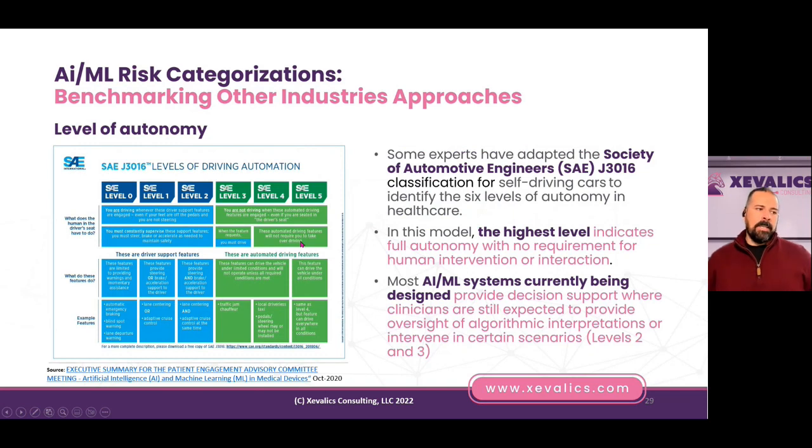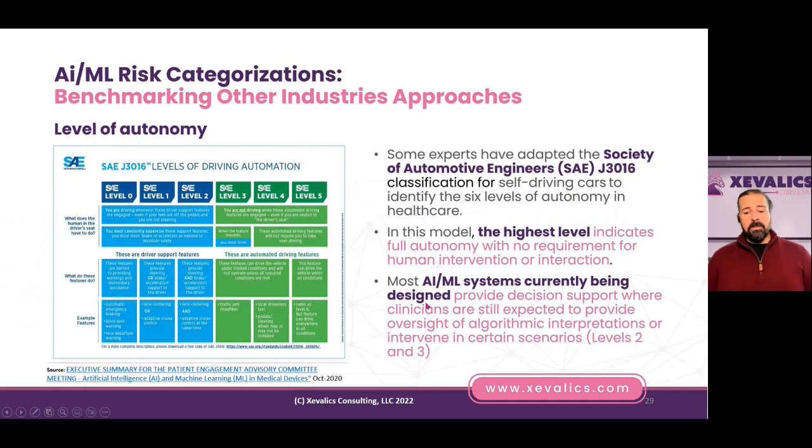Another approach that we have been seeing recently is benchmarking other industry approaches for AI machine learning risk categorization. This approach is based on level of autonomy. Experts have adapted the Society of Automotive Engineers' J3016 classification for self-driving cars to identify six levels of autonomy in healthcare. In this model, the highest level indicates full autonomy with no requirement for human intervention or interaction. This is level 5.